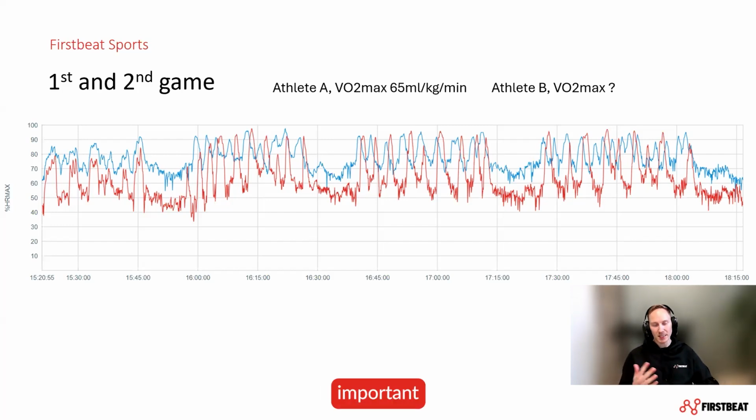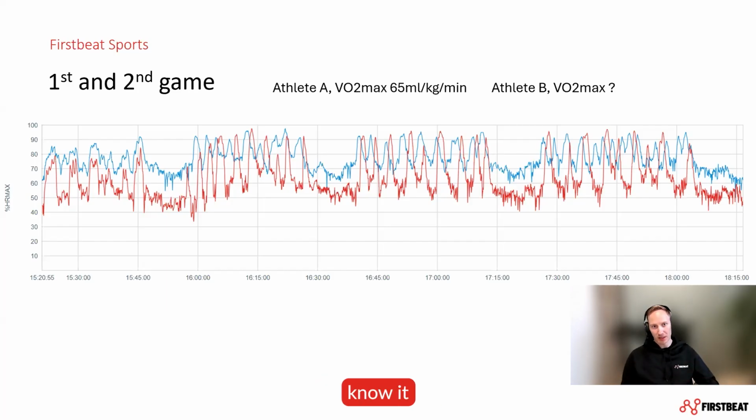What is important to note here is that the strength and conditioning coach had the real max heart rate of the athlete from the former club of the athlete, and also the athlete confirmed that this is his real max heart rate.